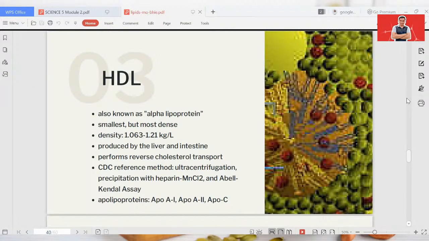Attendance check: please comment what the other name of HDL is, aside from high-density lipoprotein and alpha lipoprotein.